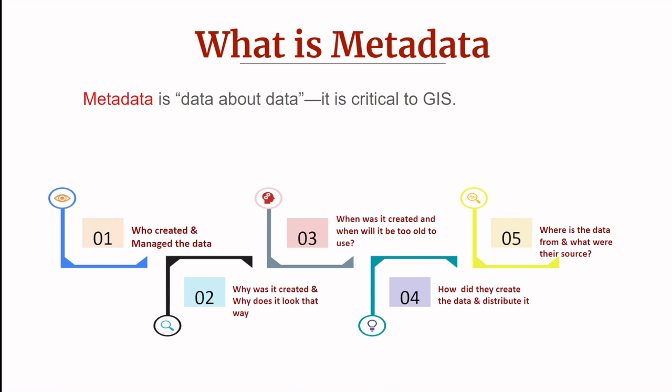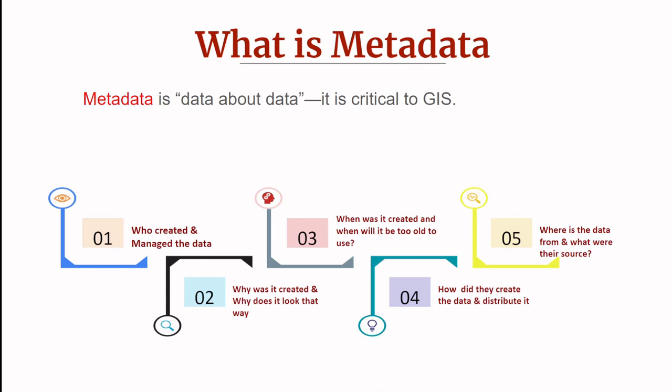It also tells us when the data was created, which gives us an indication when the data is too old to be used, or it probably cannot be used depending on the data you are looking for. And then metadata also explains to us how the data was created and how we can distribute the data.